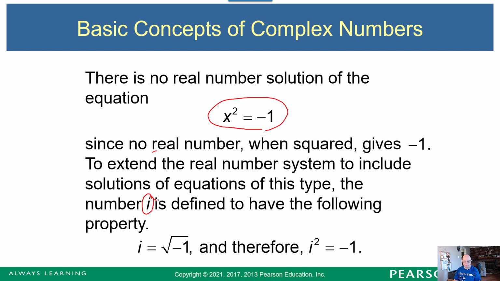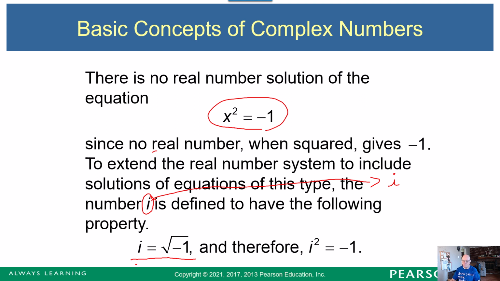And for some reason, because they didn't think it belonged, they called it imaginary. And they used the letter i to represent it. Now, two things you want to remember. First, i represents the square root of -1, even though it doesn't seem to make sense to our logical self.